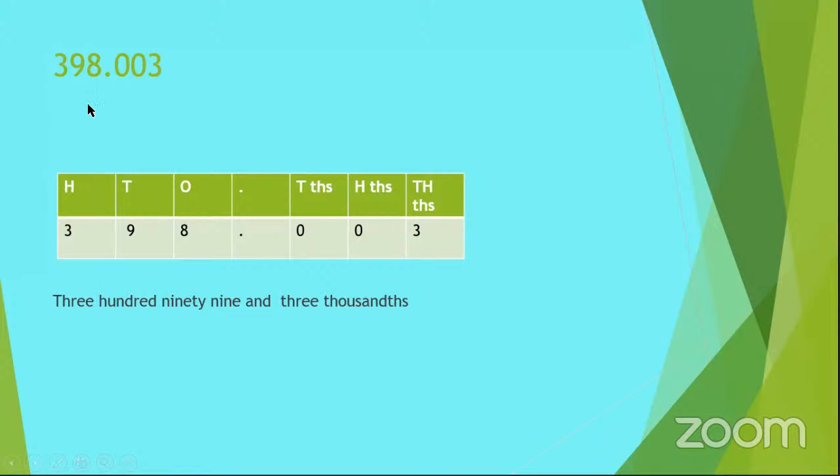And we all know that this number is read as a whole. The number before the decimal point, you read it at once. So can you read this number here, 398?